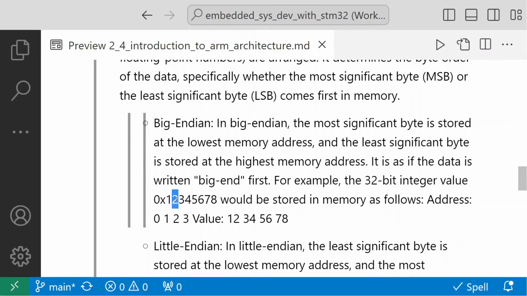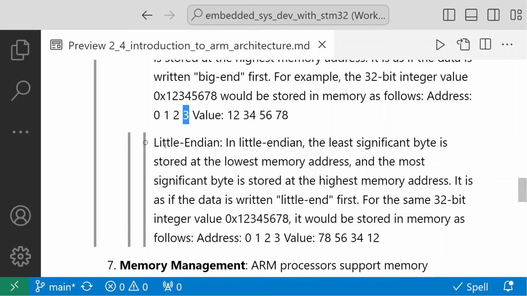So here the MSB, 12, is stored at the lowest memory address, that is 0, and the least significant byte, the 78, is stored at the highest memory address, that is 3 in this case.